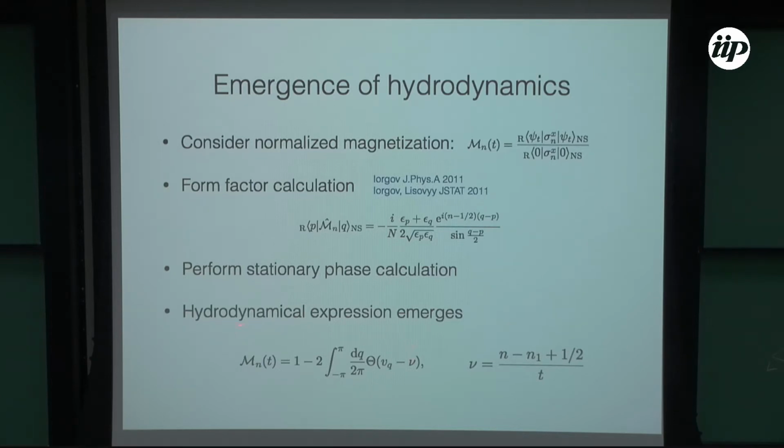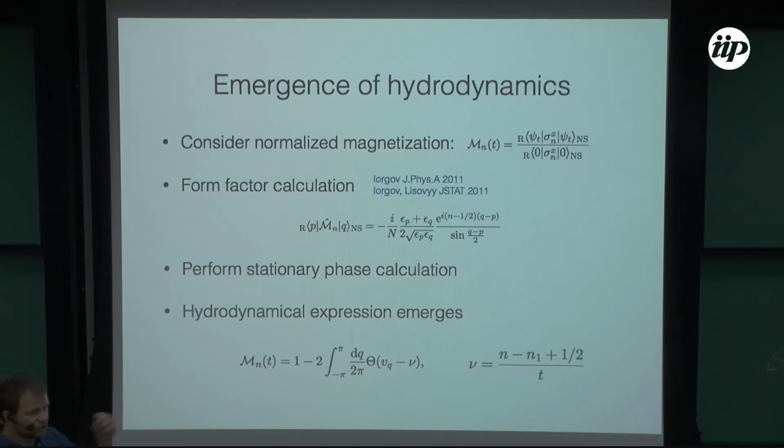So let's see. I will put immediately the result here. This is going to be given by 1 minus 2 times this integral, where this theta is the step function. So again, you see the same result emerging. You just have to count the particles. Now you have to think about each of these particles as carrying a single spin flip, the density of a single spin flip, okay? So all of these particles, put them all together, that at time t0, they put together this spin, this domain wall.